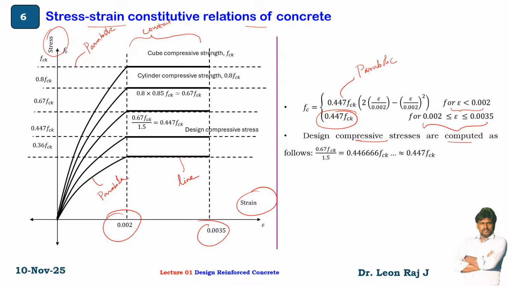Design compressive stress is computed as 0.67 FCK divided by 1.5, that is 0.447 FCK. If it is a cube, then the obtained stress is FCK, and if it is a member, then the obtained stress is 0.67 FCK.